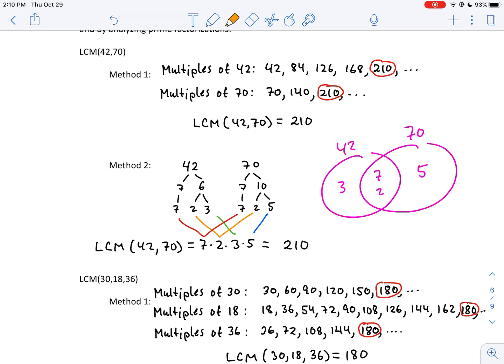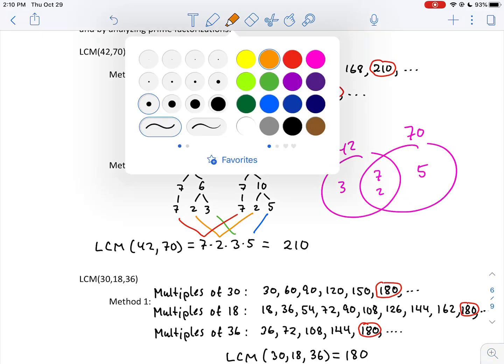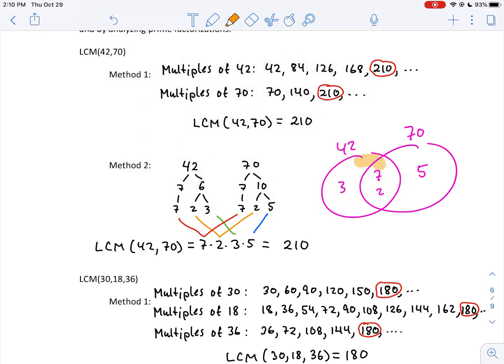So here's all the different factors and how they overlap. When you do an LCM, you need to not only multiply these factors together, but you also need to multiply everything that's in, really just in all of this. So I'm going to highlight the entire thing. You need to do the factors one copy, mind you.